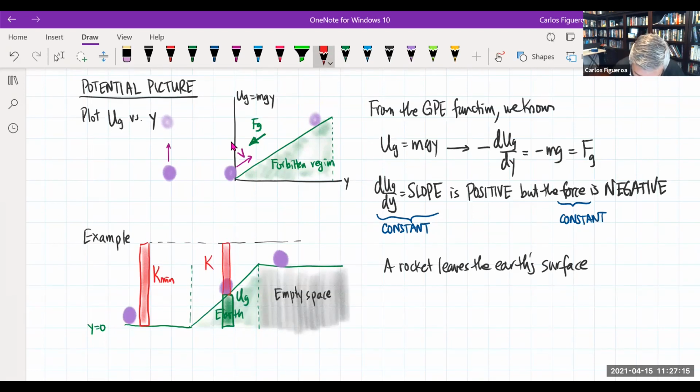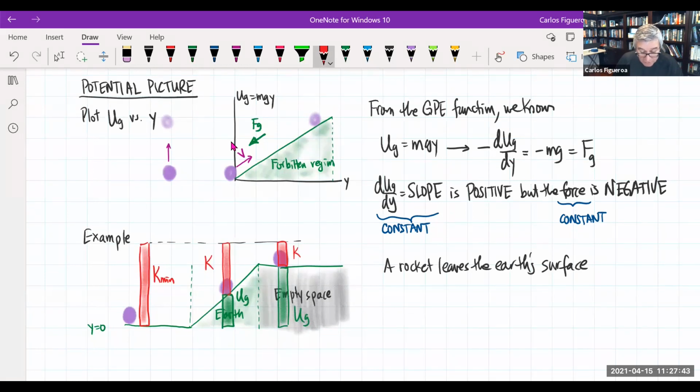Well, as it gets to empty space, a lot of that energy had to be expended to do what? Escape Earth's surface here. But to escape Earth's surface, you got to make sure that you have a little bit of extra kinetic energy to actually leave the orbit of Earth.